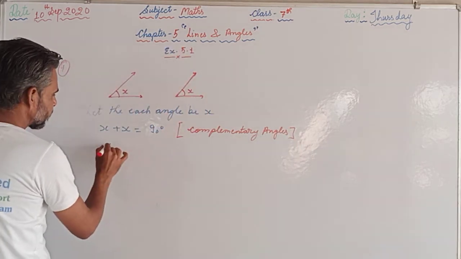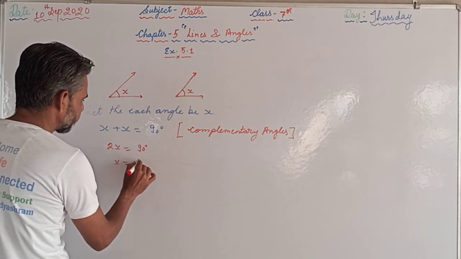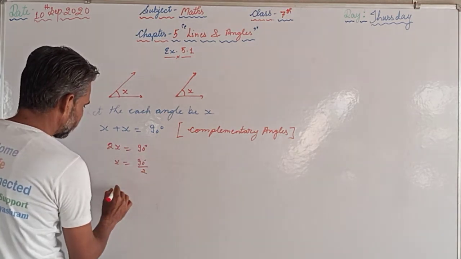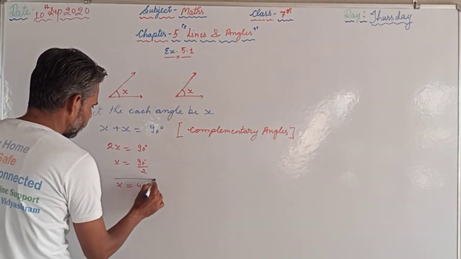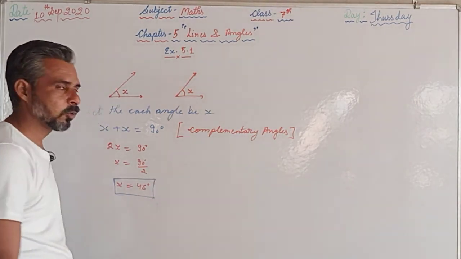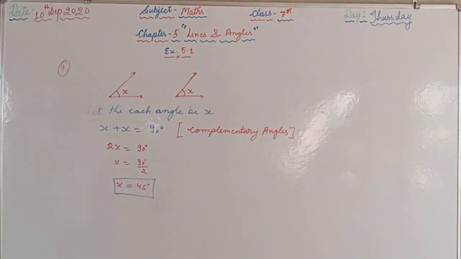So x plus x, 2x is equal to 90 degrees, and x will be equal to 90 degrees divided by 2, and x will be equal to 45 degrees. So 45 degrees and 45 degrees, both angles are equal, and their sum is 90 degrees. Hence these angles are complementary.